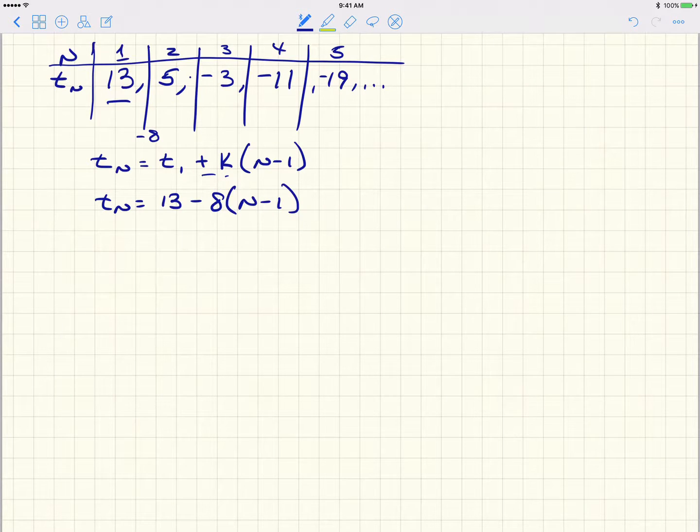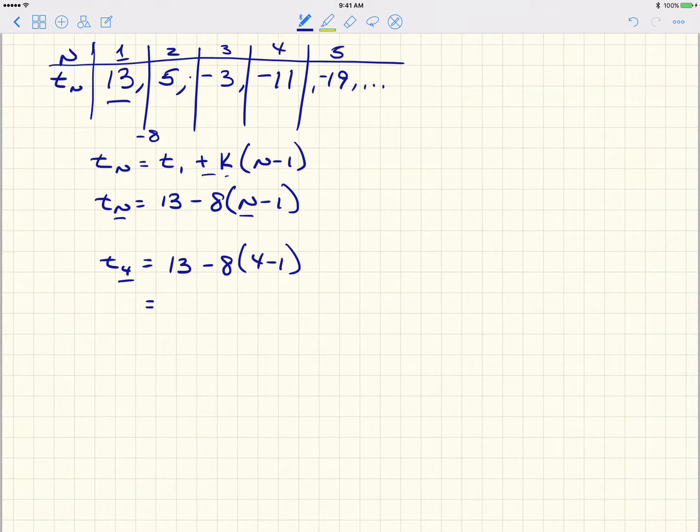Let's see if this actually works. Let's say that we want to find the fourth term of our sequence. What is t sub 4? We're going to put in t sub 4 equals 13 minus 8 times, well, remember that I replaced the n with a 4, so anywhere I see an n in my equation, I need to replace it with the same value, 4, minus 1.